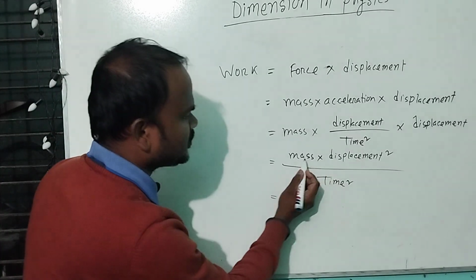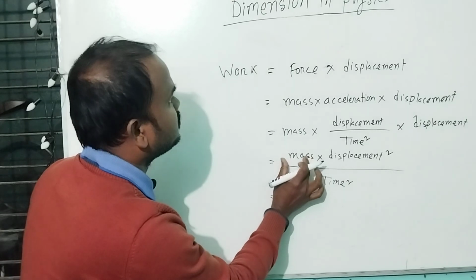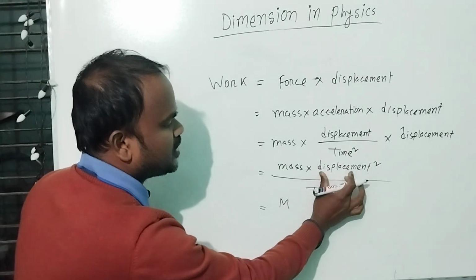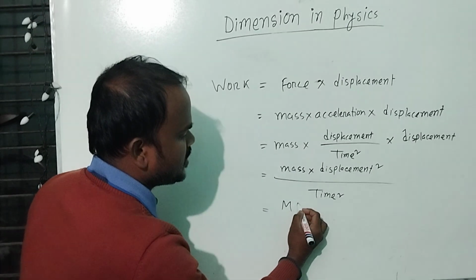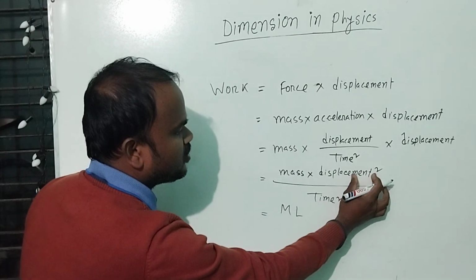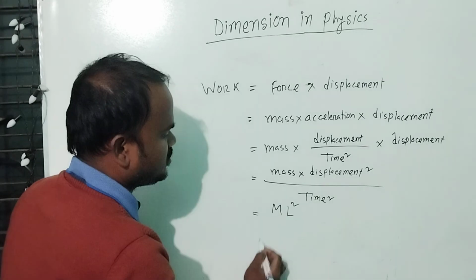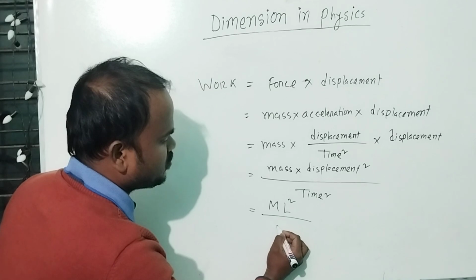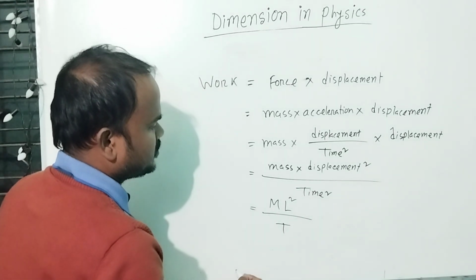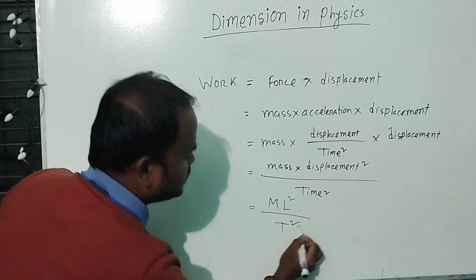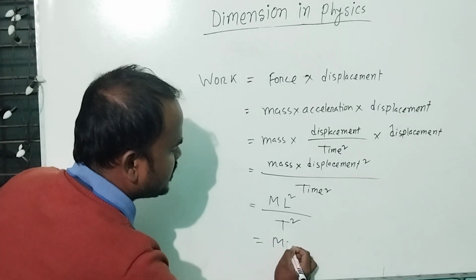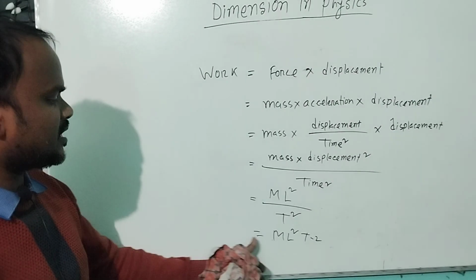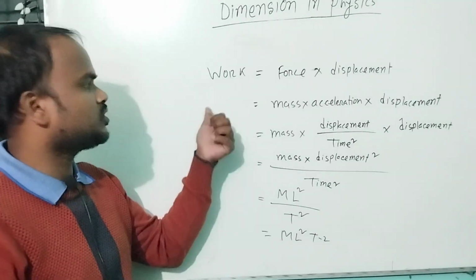The dimension of mass we know is M, the dimension of displacement is L, so the power of displacement is square, by time, the dimension of time is capital T. So we find M L square T inverse 2. So M L square T inverse 2 is the dimension of work.